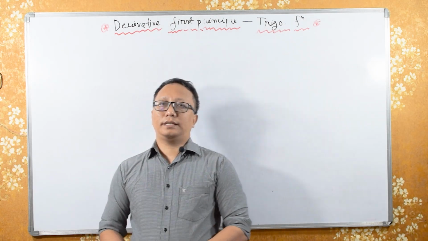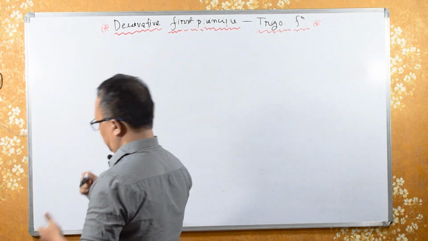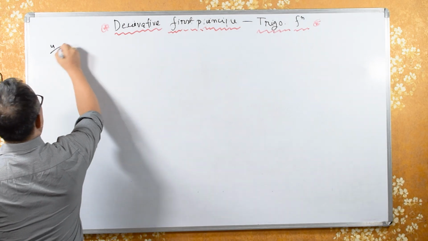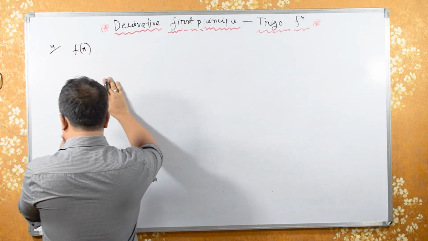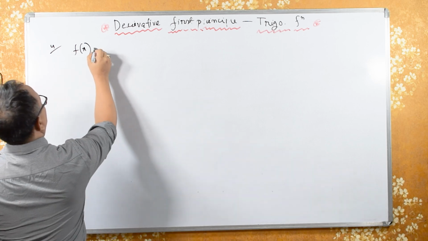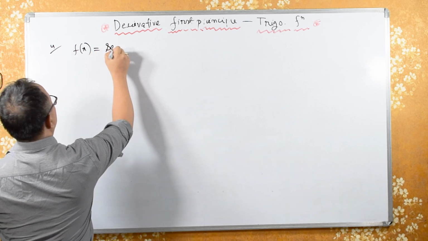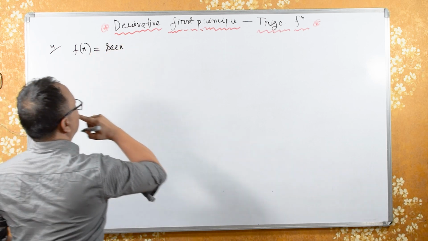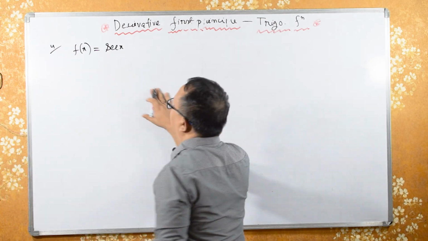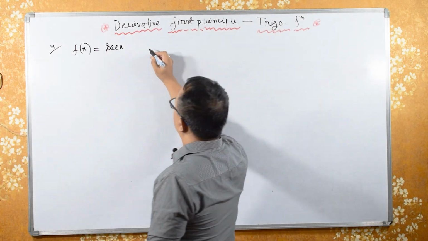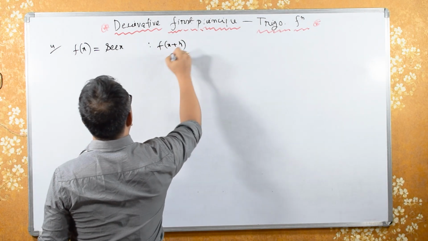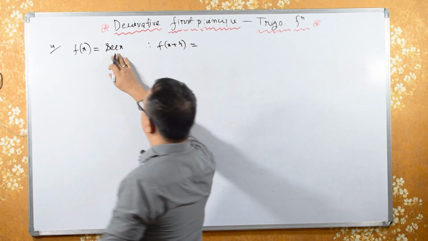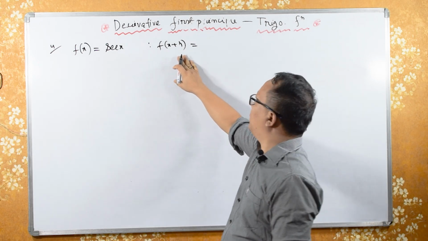Now let's take another. Let f of x equal, we have done sin x, cos x, tan x. Let's do sec x. Now f of x equals sec x, then we need to find f of x plus h. Therefore, instead of x, we have to put x plus h.